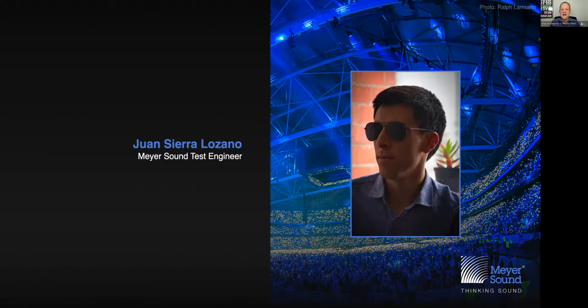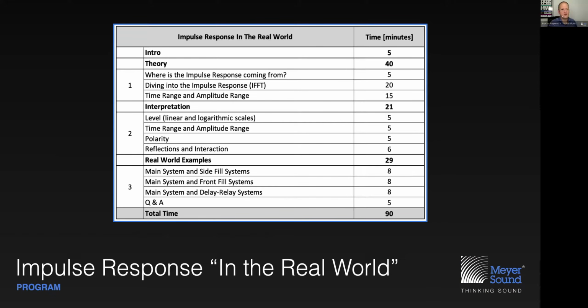So as always, I'm honored to give you a brief overview of what we're going to talk about today. We're going to have an introduction, which is what we're doing right now. And then Magu will look at where the impulse response is coming from, followed by diving into the impulse response, which is what everybody calls it colloquially, although we like to think of it as the inverse fast Fourier transform. What about the time range and amplitude range of impulse responses and how to interpret them?